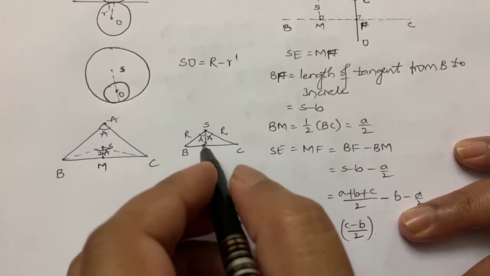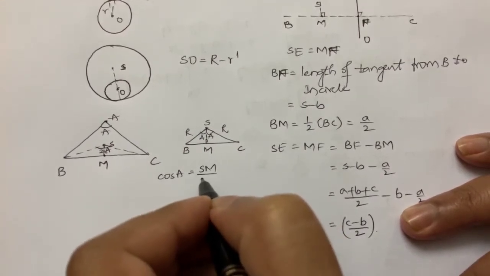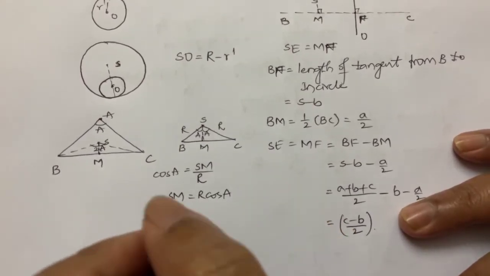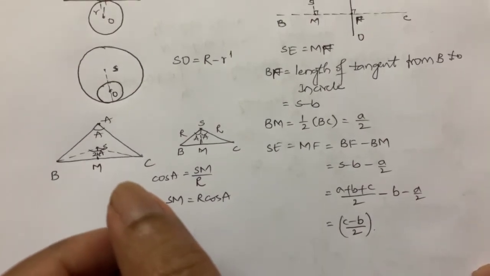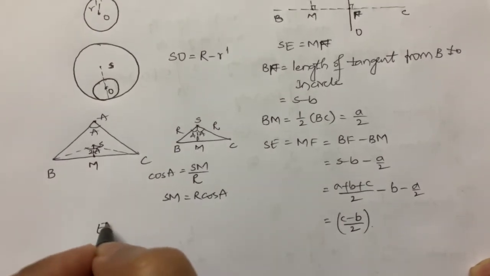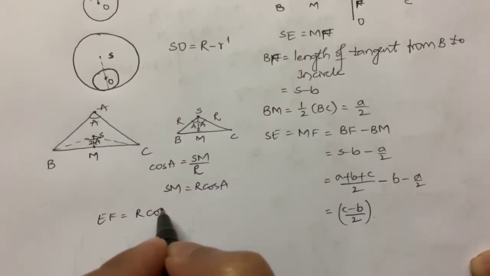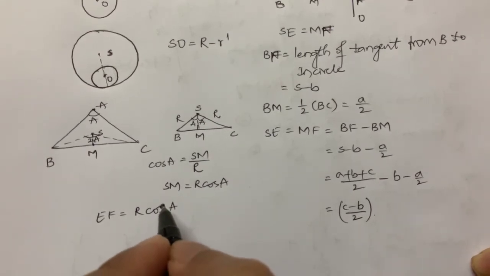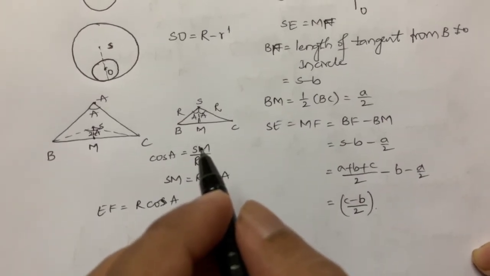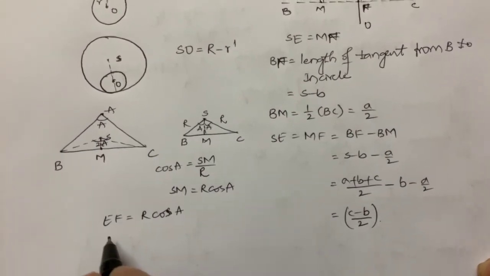If I consider cos A, it is equal to SM by R. So SM is equal to R cos A. So the SM length is R cos A, which is equal to EF, yes or no. So EF is equal to R cos A. And then IF, we know that IF is equal to small r.